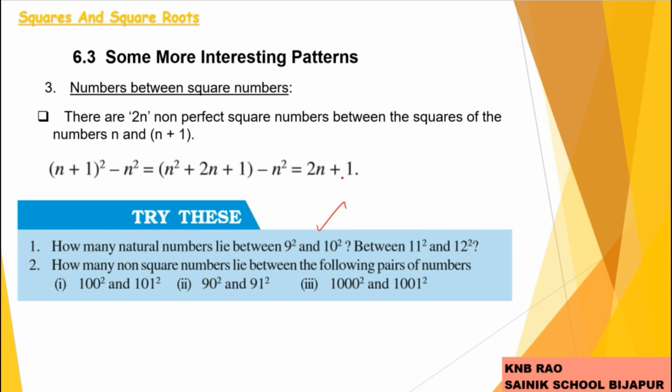Next, between 11 square and 12 square is the second part. Similarly, how many non-square numbers lie between the following pairs of numbers: 100 square and 101 square, 90 square and 91 square, 1000 square and 1001 square. So totally 5 questions are there based on the knowledge I taught.